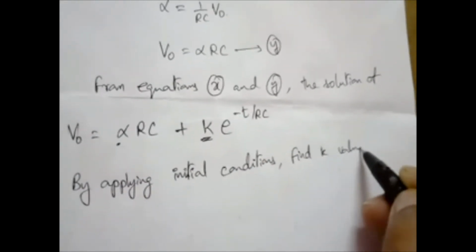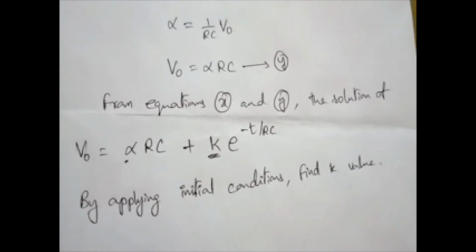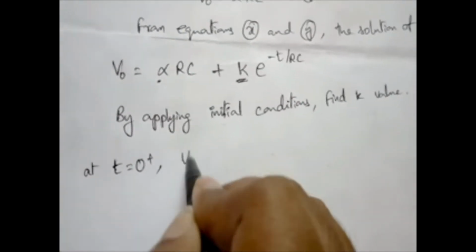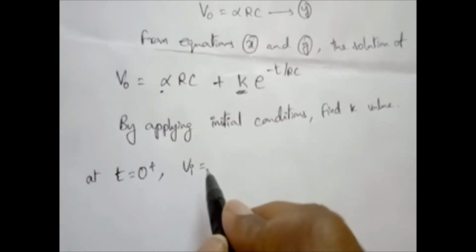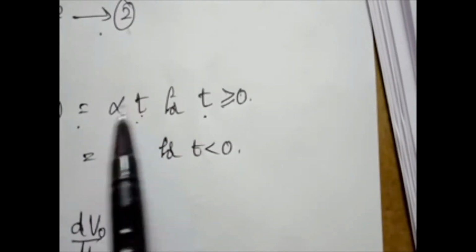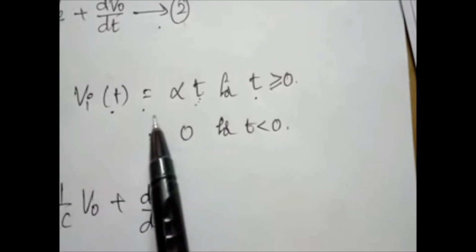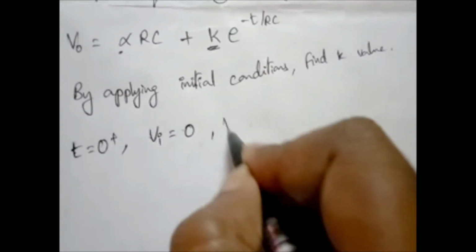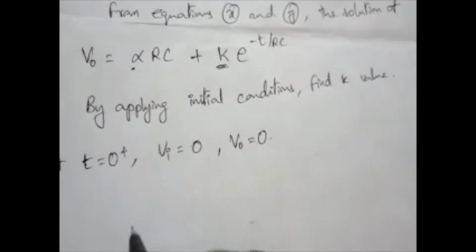Find the K value. At t equal to 0 plus, what is the Vi value at t equal to 0? I have already defined the function as alpha t. If we substitute t equal to 0, then alpha into 0, so the Vi value becomes 0. If the Vi value is 0, then the V0 value becomes 0.